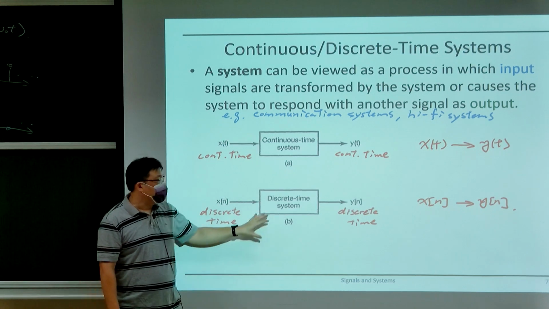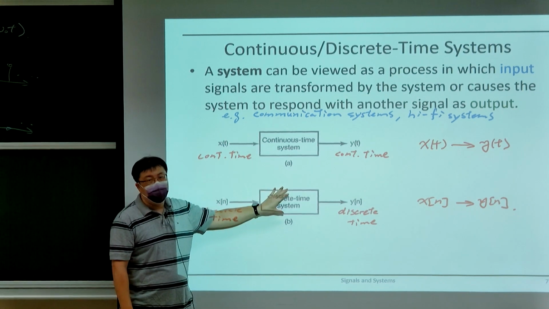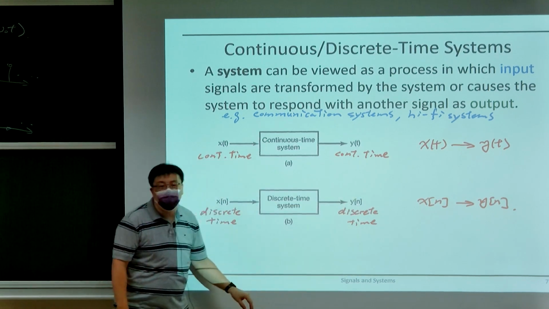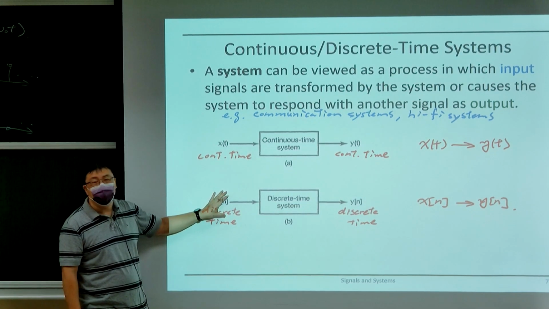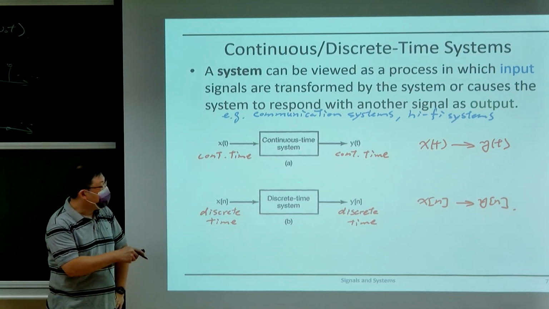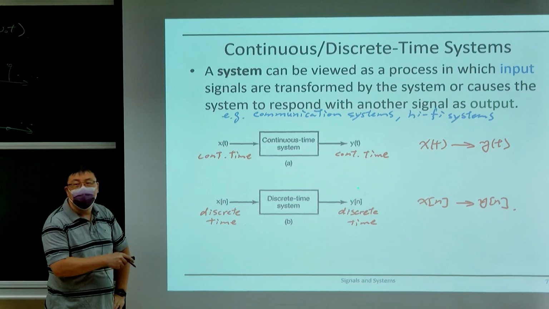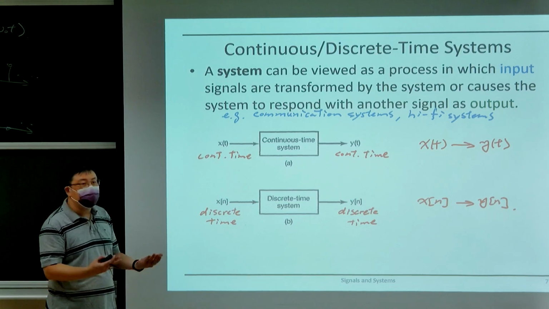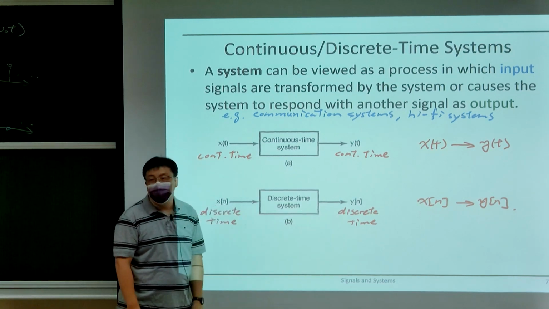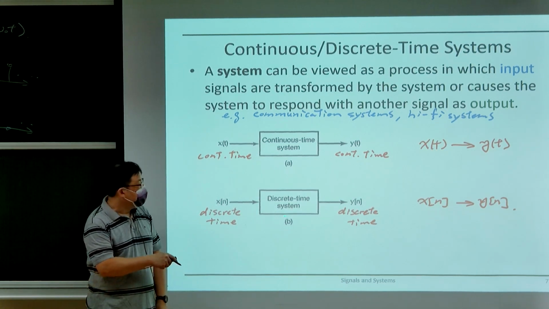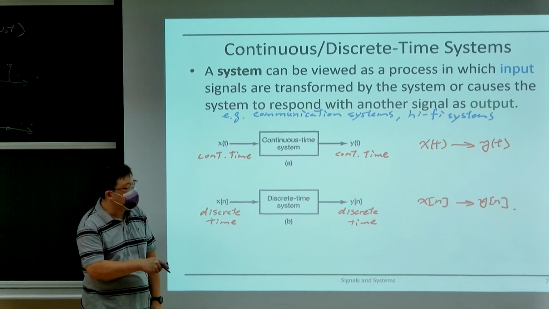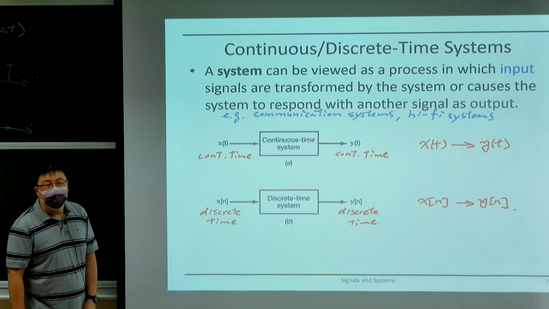Now, certainly different systems may produce different outputs in response to certain inputs. So to describe a system, you must be able to characterize the relationship between the input and output. A system is characterized by the relation between its input and output.